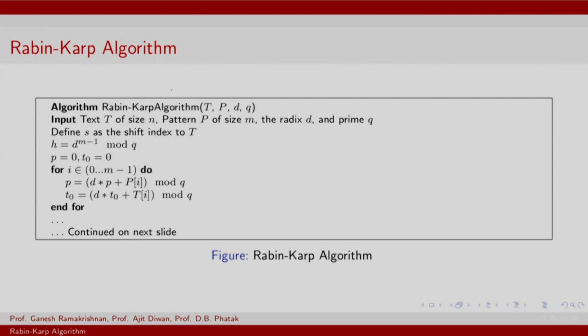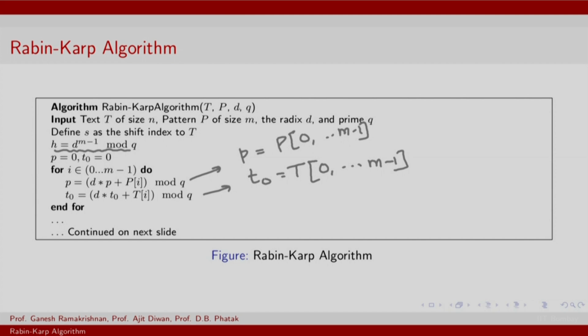So this pre-computation involves computing p mod q and t0 mod q, and t0 you might recall corresponds to the string starting at position 0 and ending at position m minus 1 in t. So to begin with, we compute t0 and p, and as already motivated, we pre-compute d raised to m minus 1 mod q.